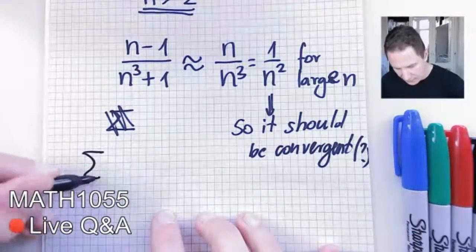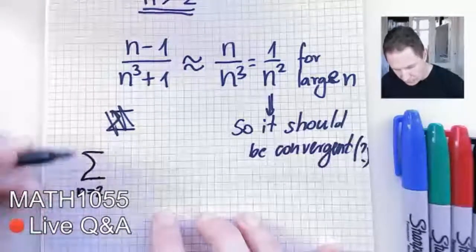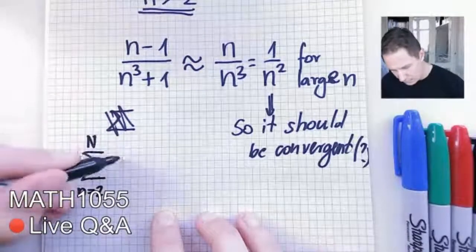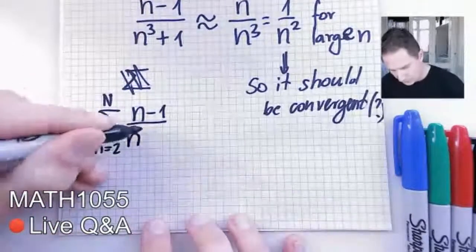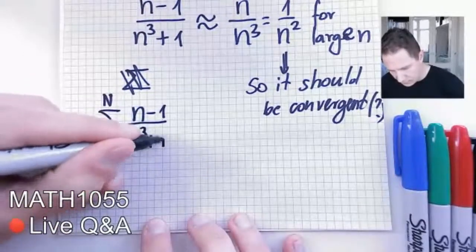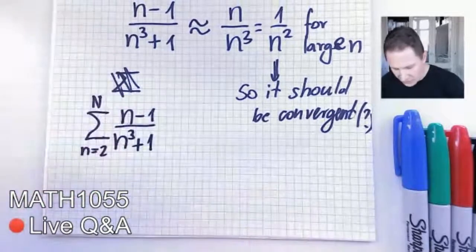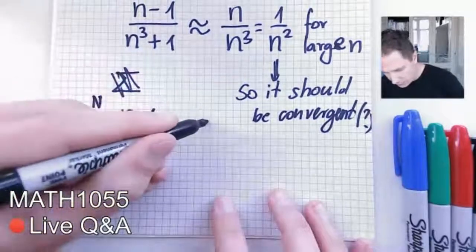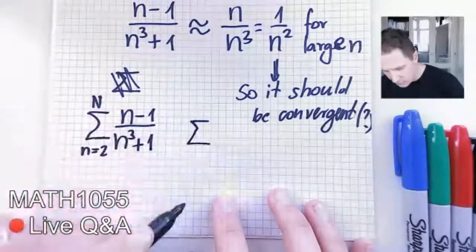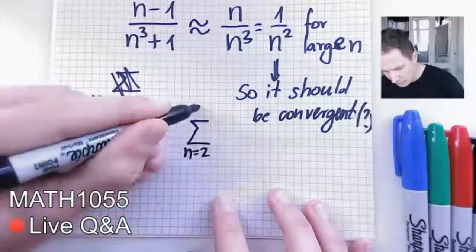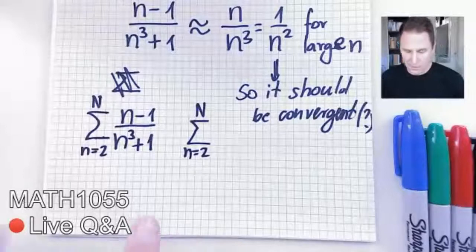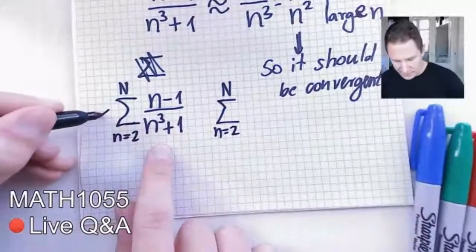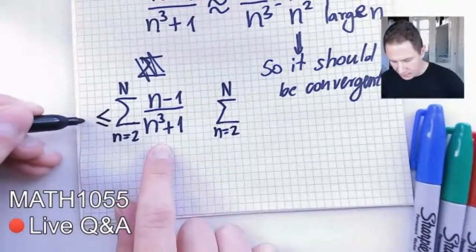Well, let's look at the capital Nth partial sum of this infinite series, and we can actually do the same trick that we did in the previous problem, but now in the opposite direction, because now we want to show that this sum is bounded. This is definitely non-negative.